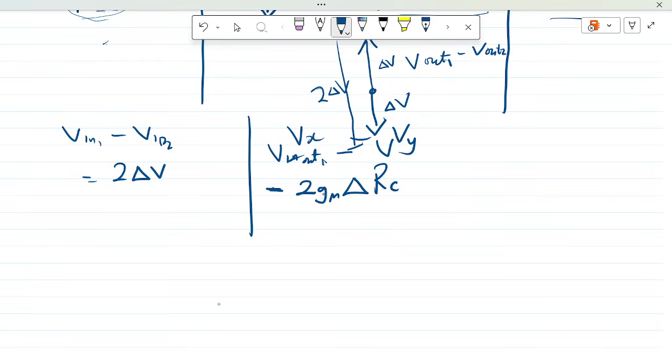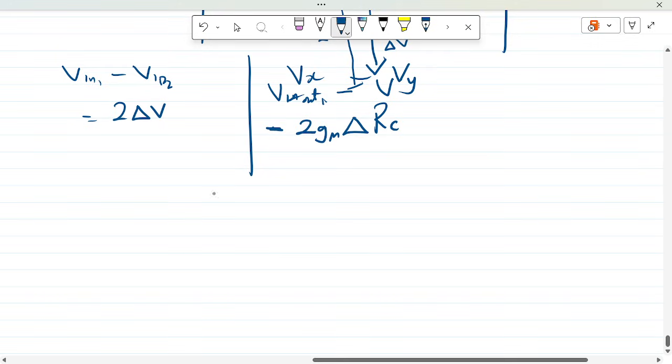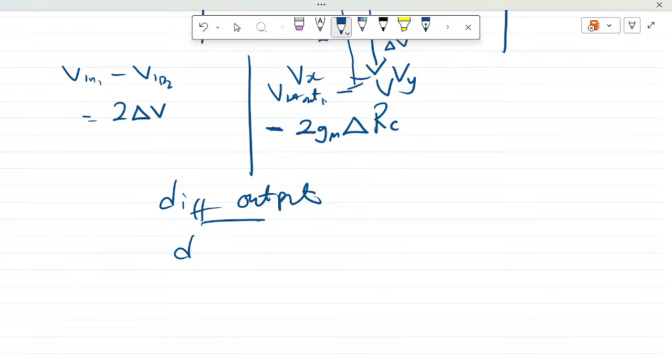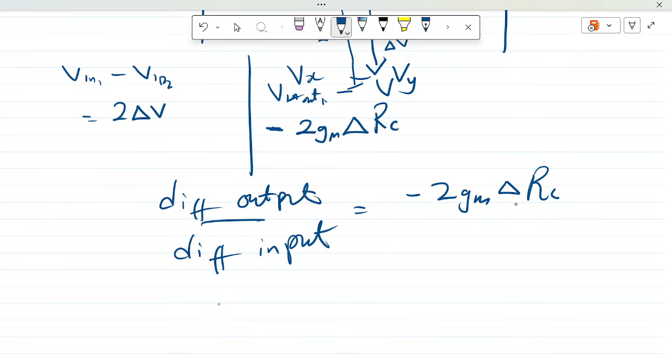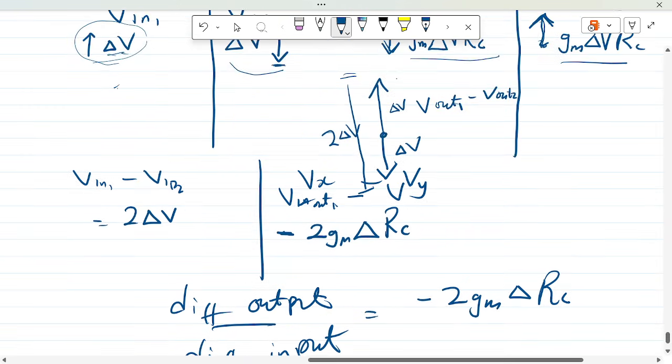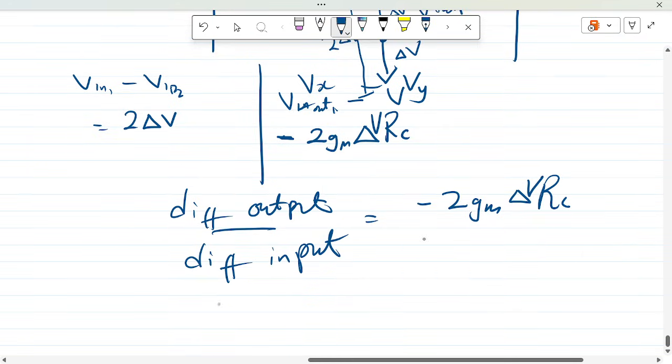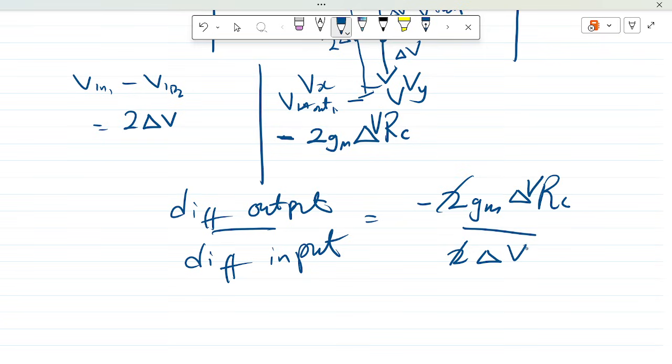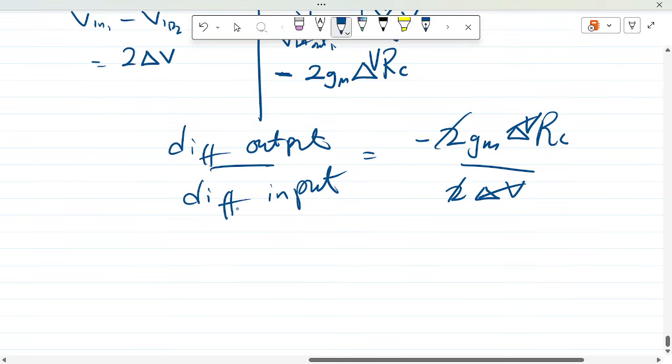So finally, we can conclude that the differential output over the differential input should be equal to minus 2 gm RC delta V over 2 delta V. This cancels that, this cancels that, and we conclude once again that the gain is equal to gm RC.